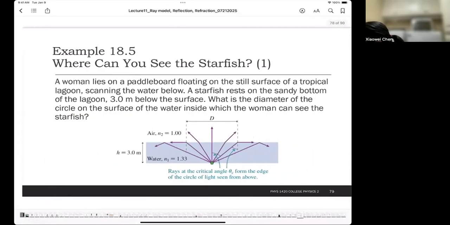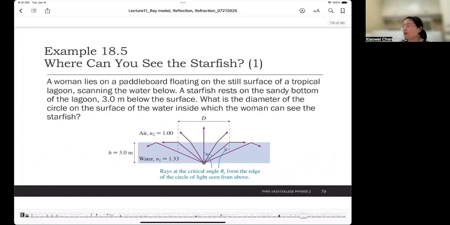Okay, let's talk about one example. Where can you see the starfish? A woman lies on a paddle board floating on the still surface of a tropical lagoon, scanning the water below.